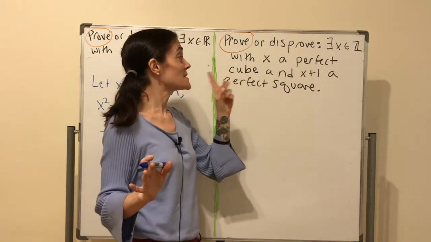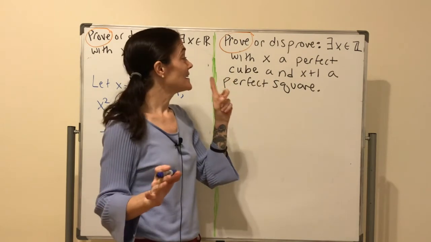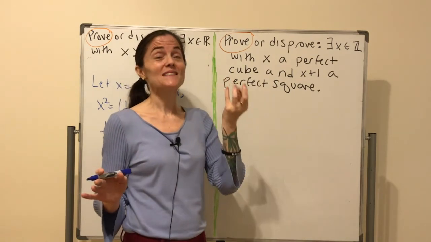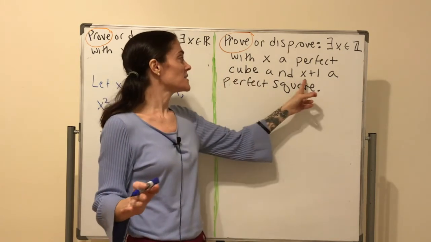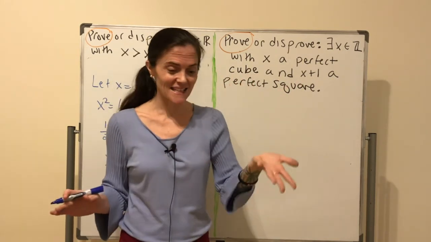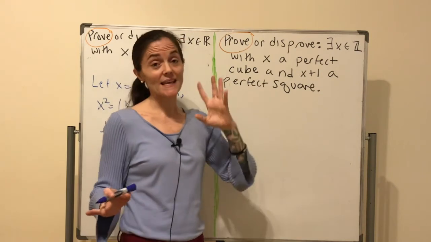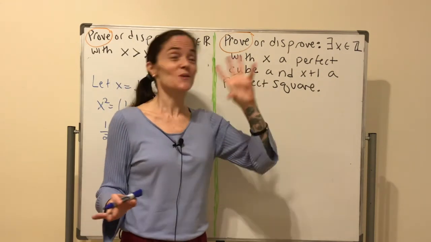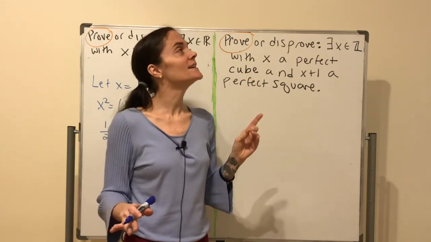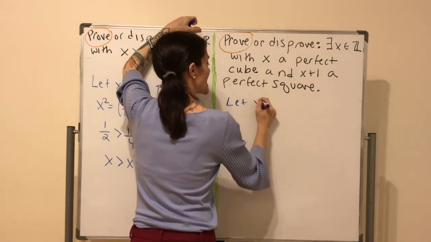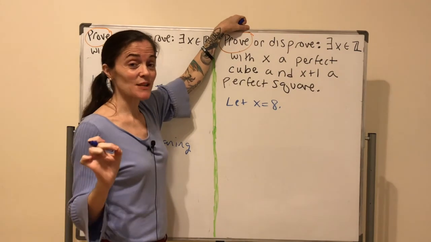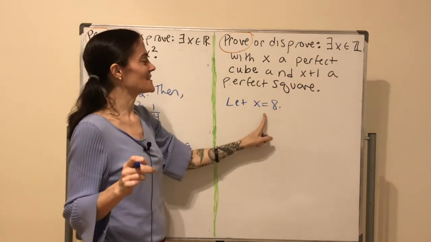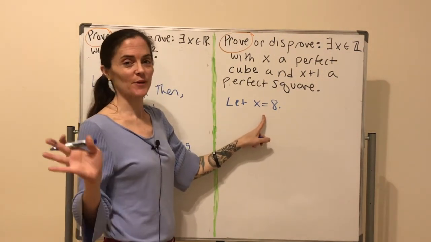The statement is there exists an integer x that is a perfect cube. So this means it is the cube of an integer. And x plus 1, the very next integer, is a perfect square. And this means it is the square of an integer. Let x equal 8. Well, 8 is 2 cubed, which means that x is a perfect cube.